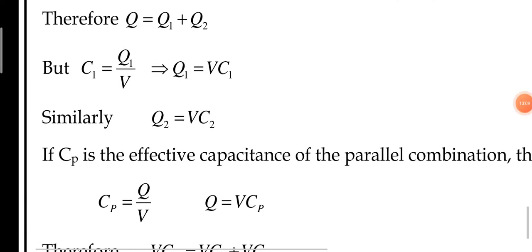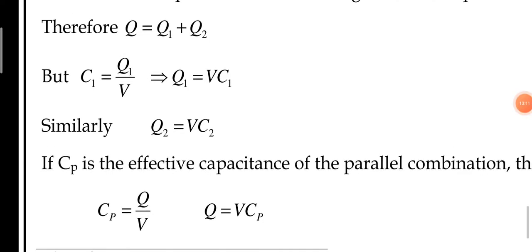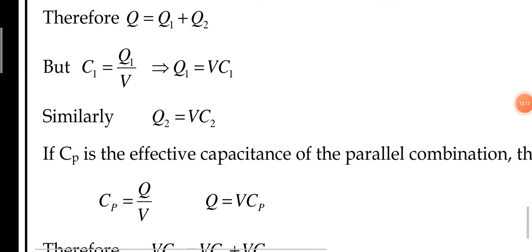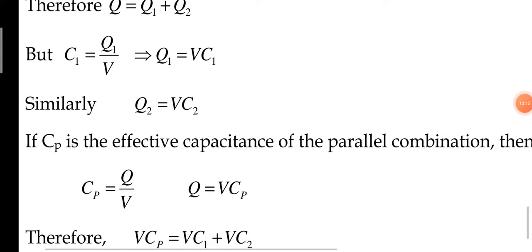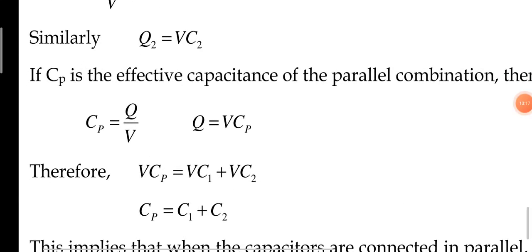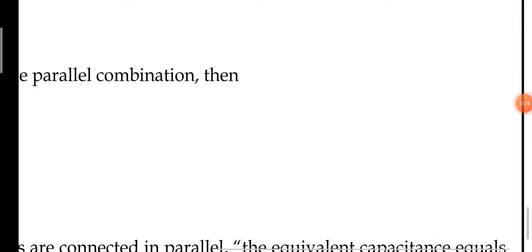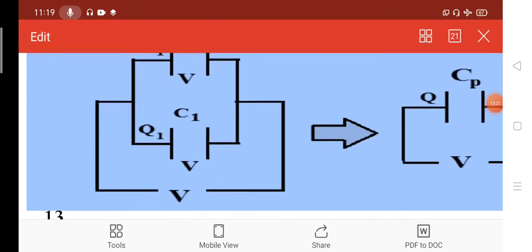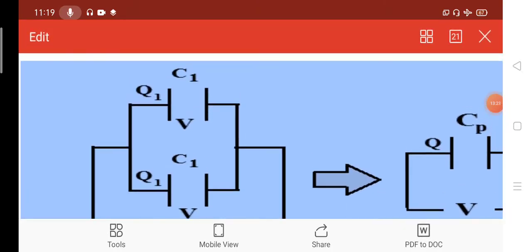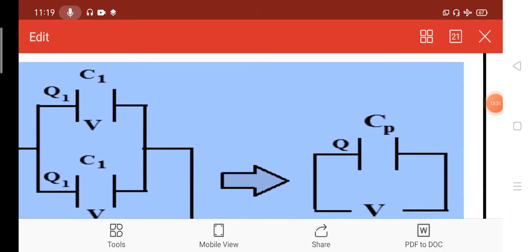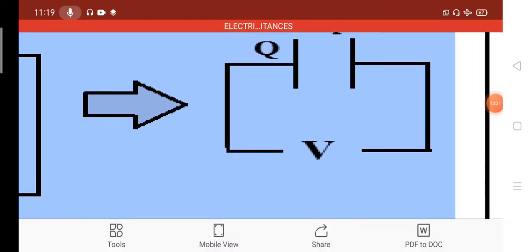In the equation Q equals Q1 plus Q2, if you substitute the Q1 and Q2 values, you get one relation. Suppose this parallel combination of C1 and C2 is replaced by a single capacitor Cp.